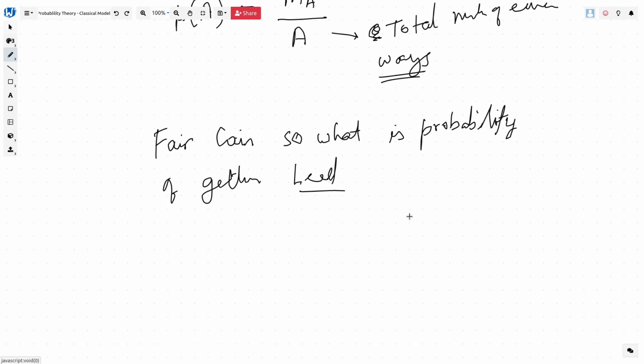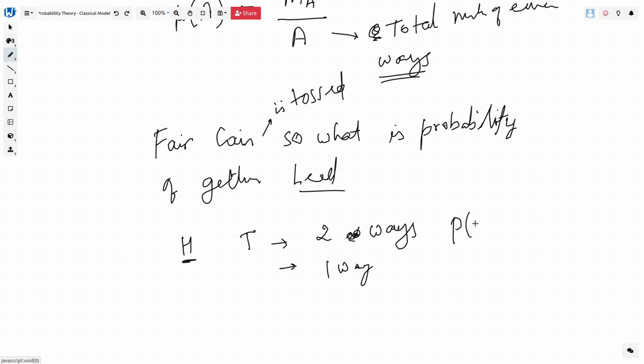When a fair coin is tossed, there could be two events, which are getting head or tail. So the total number of events is 2. There are two ways of getting an output, and there is only one way of getting head, right? So the probability of getting head is nothing but 1 divided by 2, right?